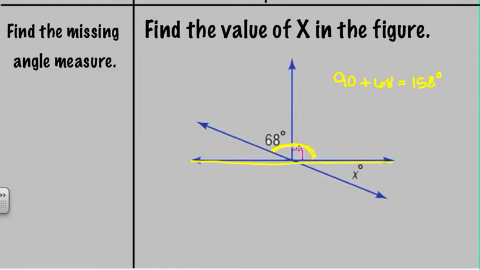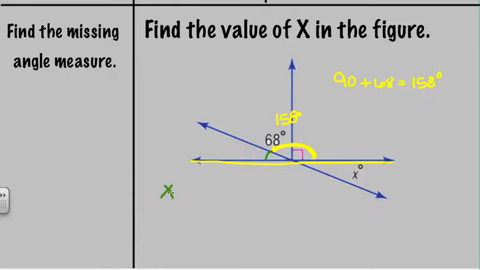Now you might be thinking that I'm working a little bit backward here, but bear with me. So this entire angle is 158 degrees. If I know that it includes this to get me to this line of 180, well, now I just have a supplementary problem.